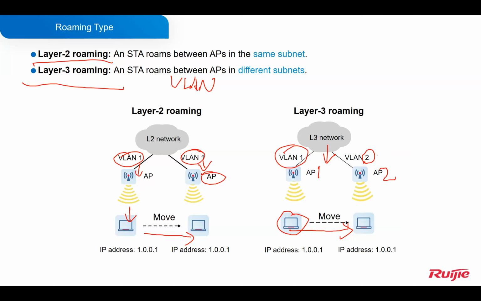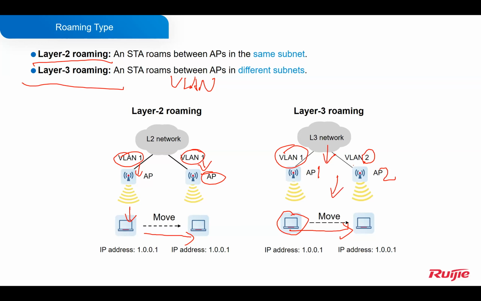So on our website, if we disable the layer 3 roaming function, the roaming will fail. So in this topology, we can't roam.